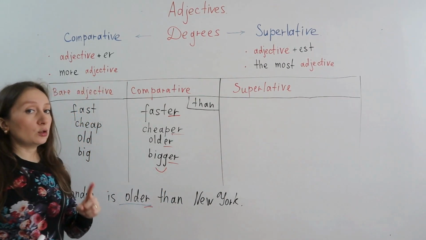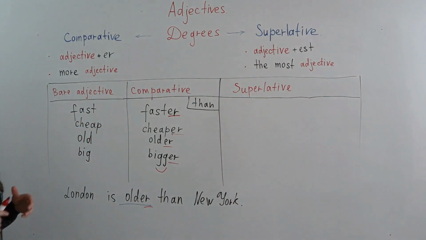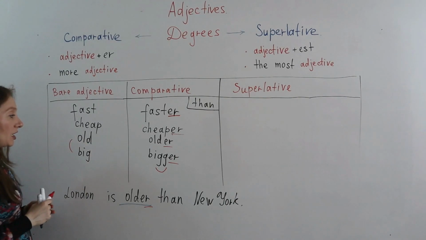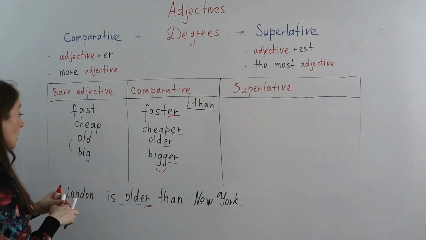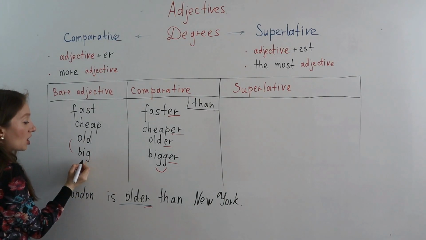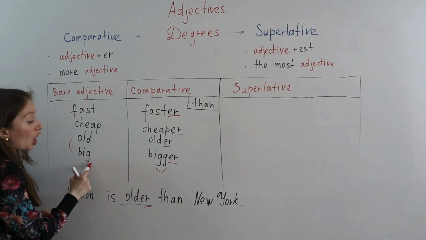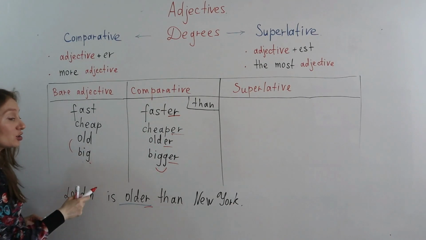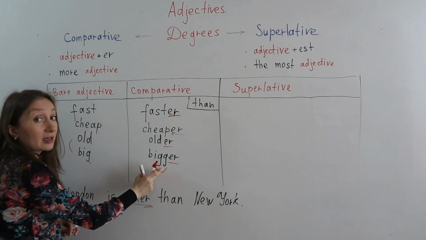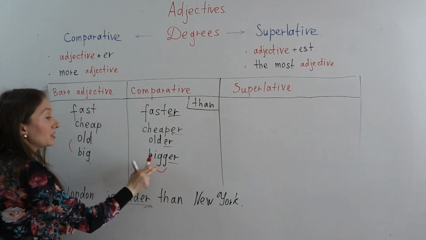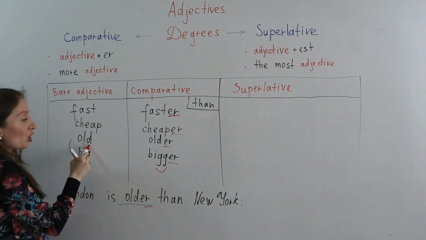So we added one more G. So what is the difference between these 2 adjectives? The difference is, if you have here vowel and then consonant, then you have to double the consonant. But here we have 2 consonants.